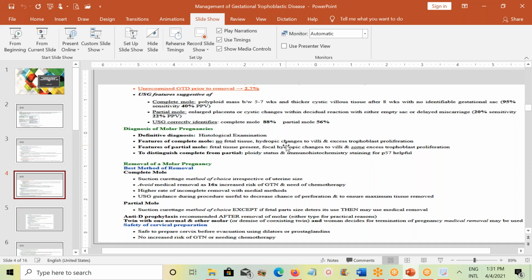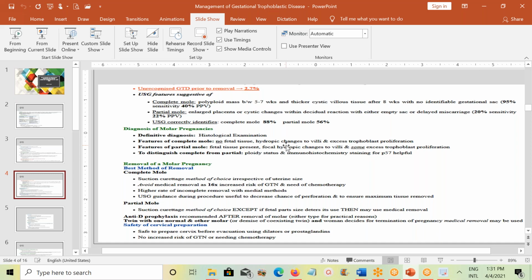In cases of the partial molar pregnancy, fetal tissue is present, changes to villi are also there, and some excess trophoblastic proliferation. To distinguish complete from partial mole, we should know the ploidy status.